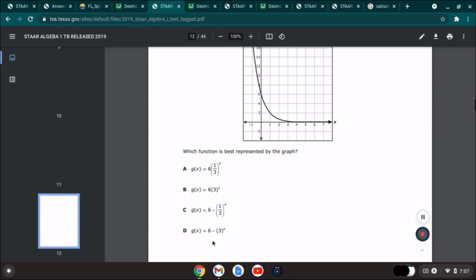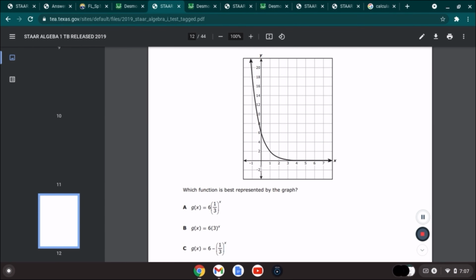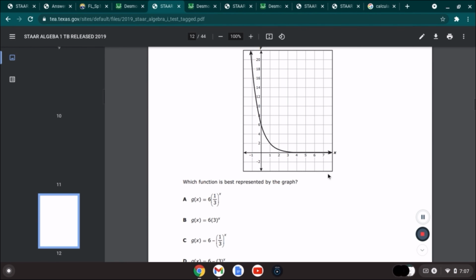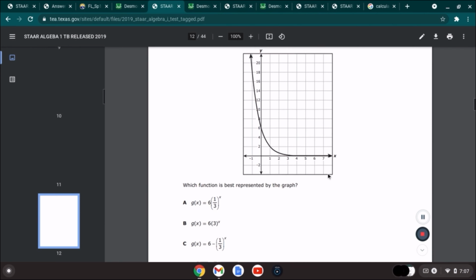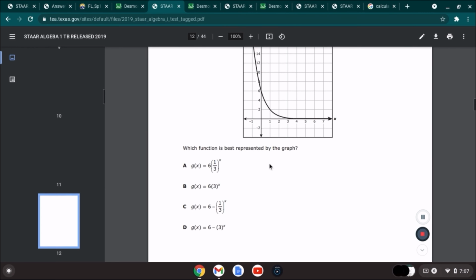Now let's dissect this graph. This isn't a growth graph, it's a decay, because we're starting up high and we're coming down low. So one thing we need to know is that our b is going to be greater than 0 but less than 1. So our b is going to be a fraction.